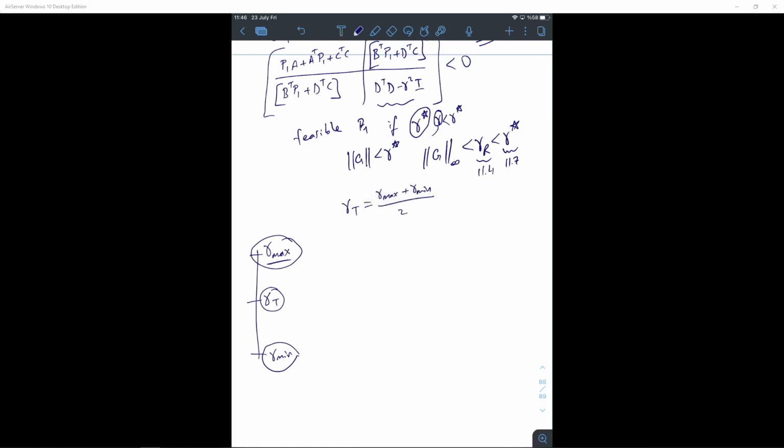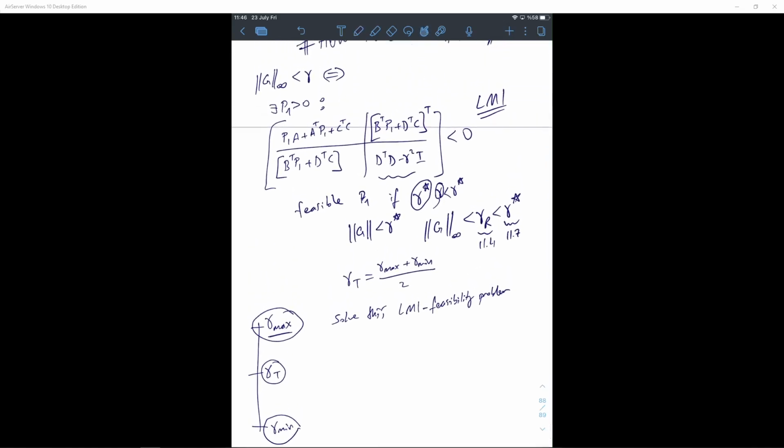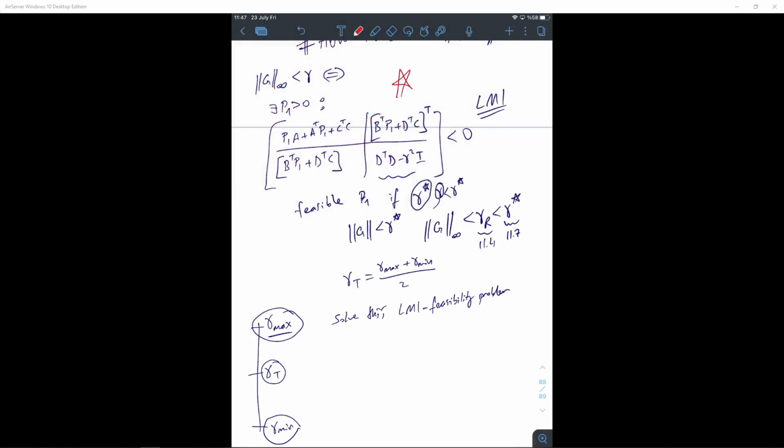All right, and we are going to solve this LMI feasibility problem. What is that feasibility problem? It is this, okay. I shouldn't repeat so many times here.